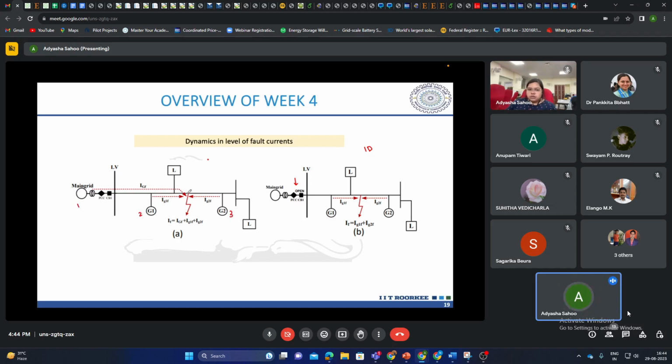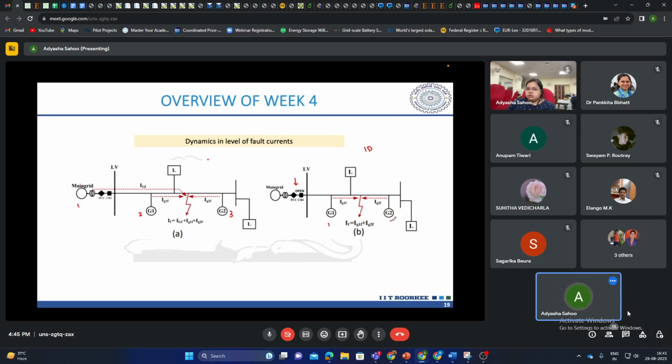Whenever we have a fault here, these three sources combined will contribute to the fault current. You can see here IF equals IGF, the main grid feeding current, plus the fault current from sources G1 and G2. But whenever we have islanded mode of operation, the fault current is fed only by these two sources.